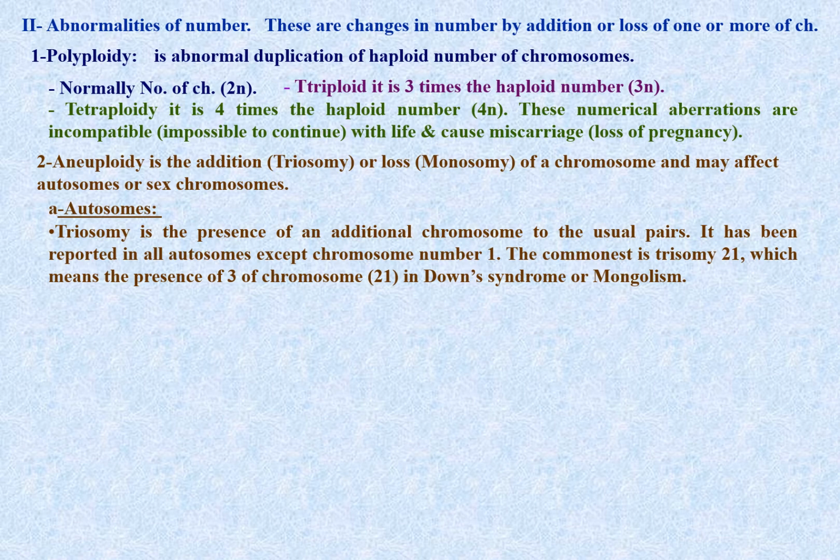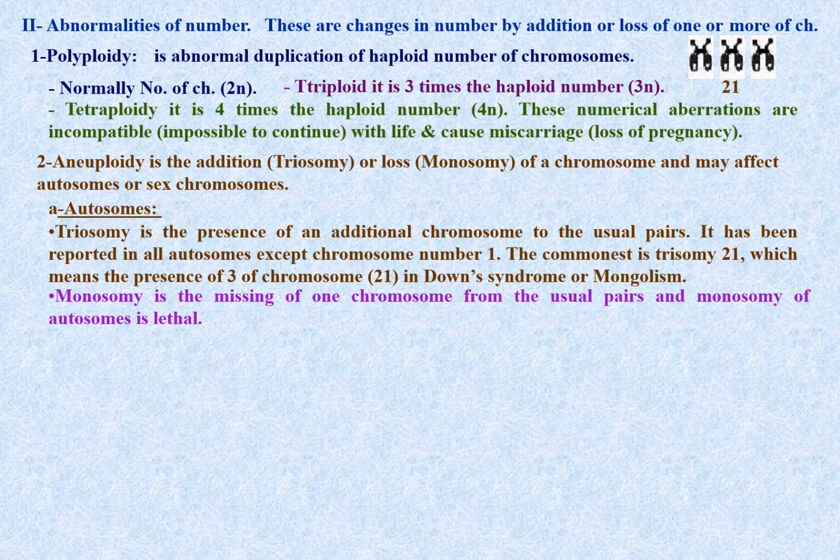The commonest trisomy is in chromosome 21, which means the presence of 3 chromosomes 21. This is in Down's syndrome or Mongolism. Monosomy is the missing of one chromosome from the usual pairs, and monosomy of autosomes is lethal, that is, impossible with life.